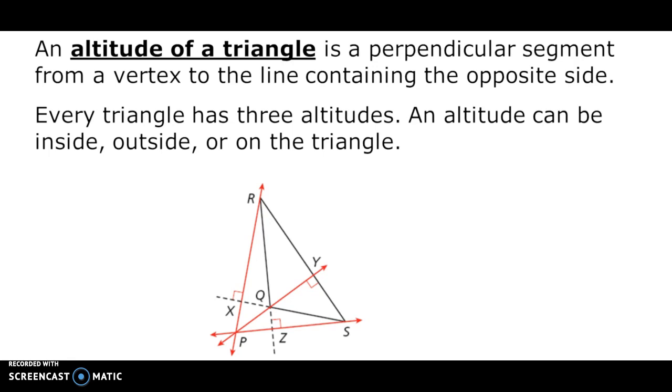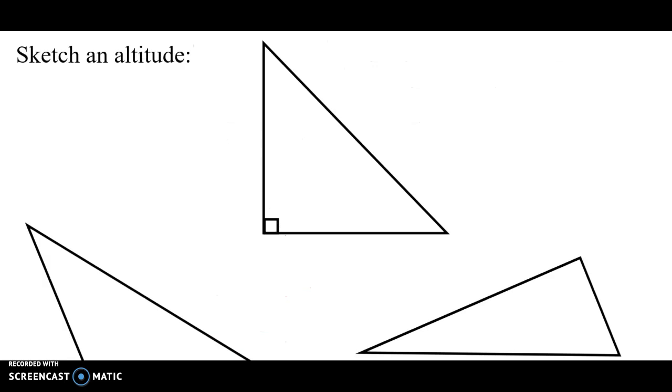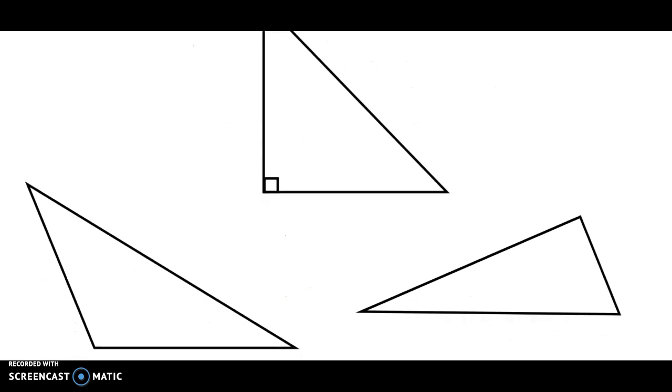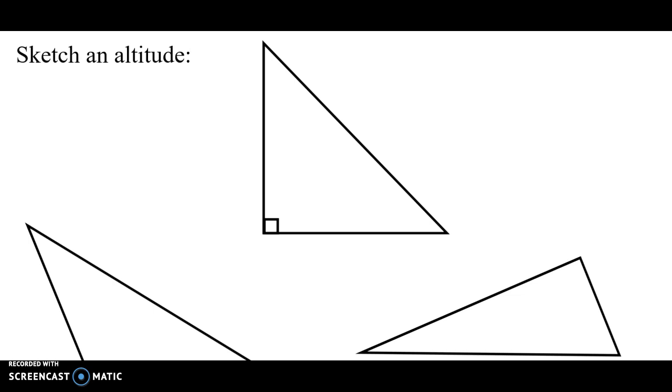So let's take a look at these 3 triangles here. And we want to draw one of the altitudes. Once again, there could be 3 of them. But let's draw the most obvious one. So look at the triangle on the top. How could I draw a line so that that line shows how tall that triangle is? Emma, what do you think? Wouldn't it be from the point, like, straight down? Right? Which point?